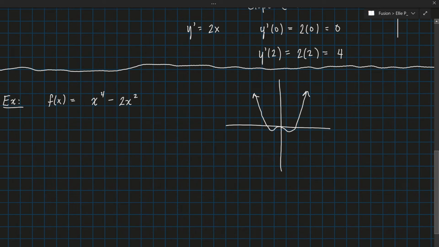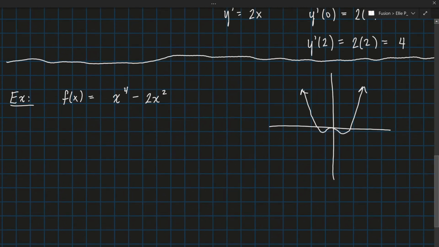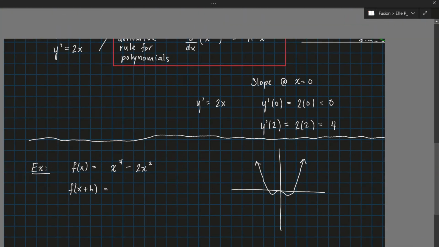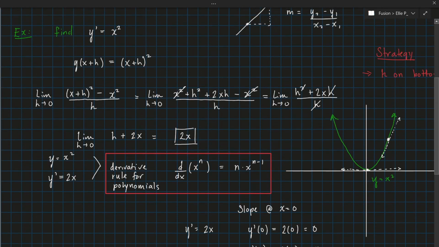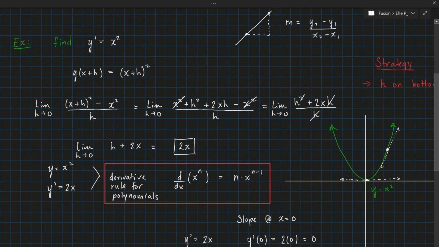Okay, so what would f of x plus h be? No. So if we go back to the original problem, remember it's just for any x that we see, we just put in x plus h in parentheses.